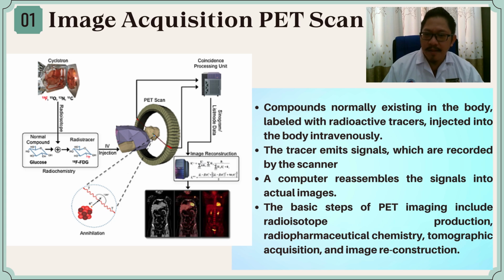The tracer emits signals which are recorded by the scanner as the tracer travels through the body and collects in the targeted organs, and then a computer assembles the signals into actual images showing biological maps of normal organ function and failure of organ systems in disease. The basic steps of PET imaging include radioisotope production, radiopharmaceutical chemistry, tomography acquisition, and image reconstruction.